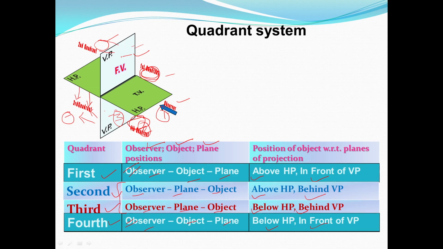So observer, plane, object. I think it is clear, the combinations observer, object, plane and observer, plane, object.